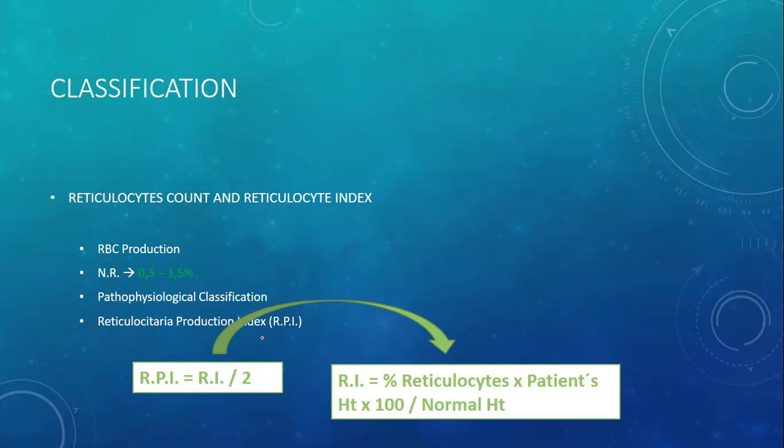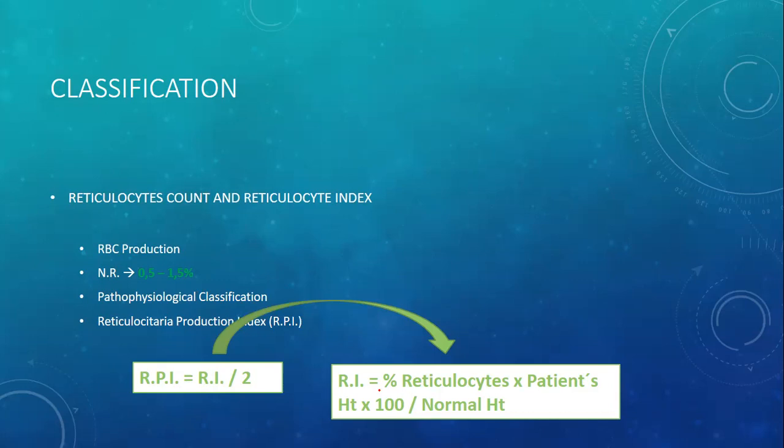So what do we have to do here? We have to get our reticulocyte production index. And how do we get that? Because the percentage is not that accurate, okay? When we have our percentage, we have to get first our reticulocyte index, because for the production index formula we need it first. And how do we get our reticulocyte index? We have a percentage reported by the lab, right?